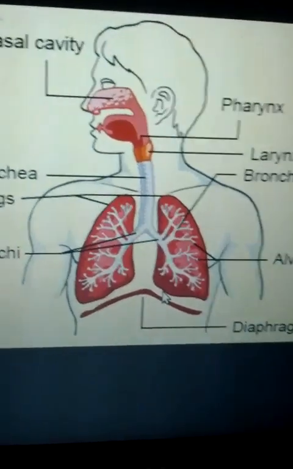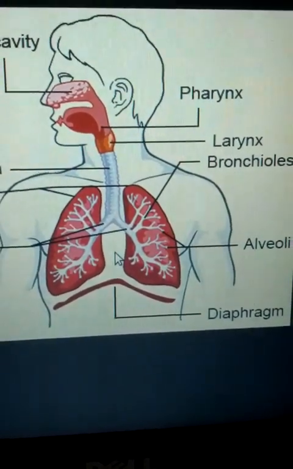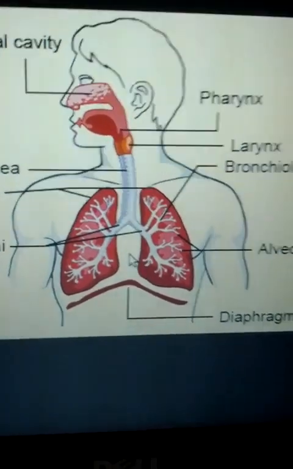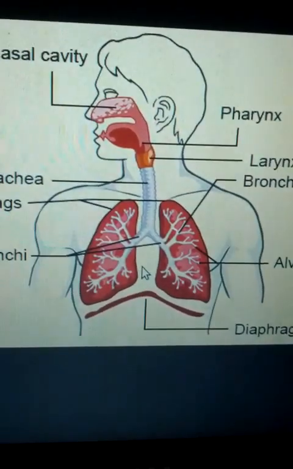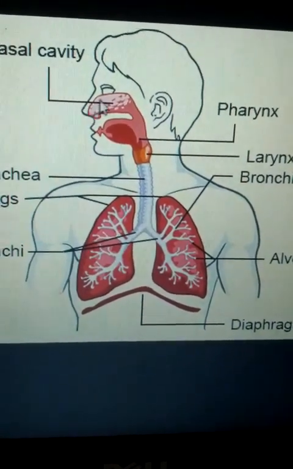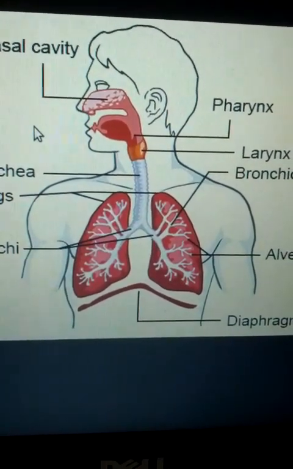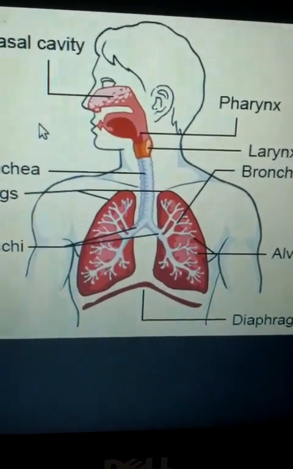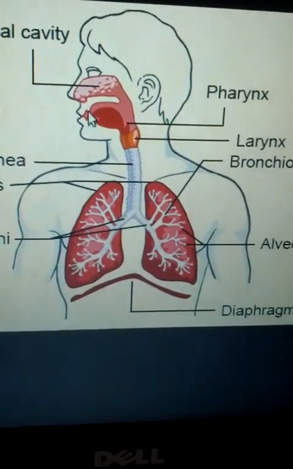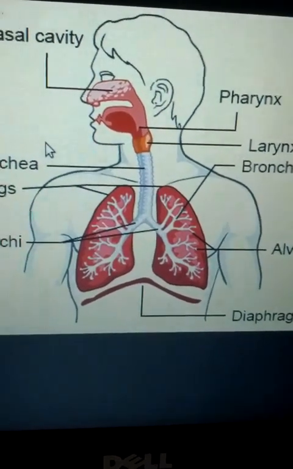So by the movement of the diaphragm, the volume inside the thoracic region will increase and decrease. When the volume increases, pressure decreases. When the pressure decreases, the air from the atmosphere can enter through the nostril. The air entering through the nostril to the lungs is called breathing in or inspiration, and the air moving out is called exhalation or breathing out.